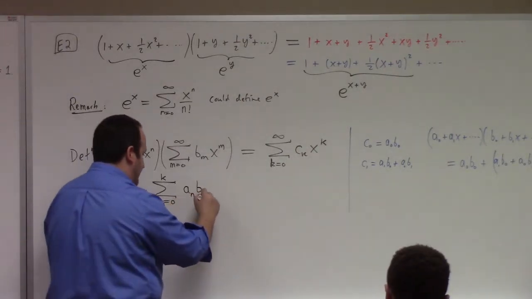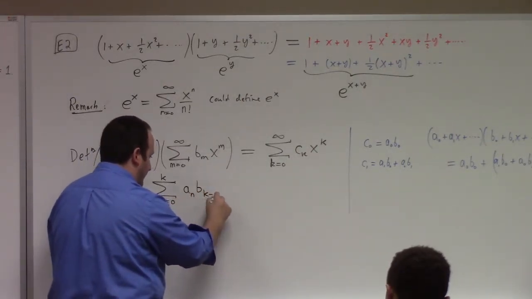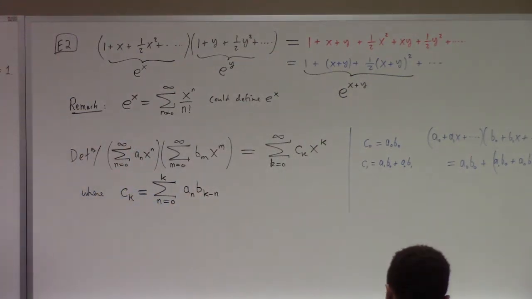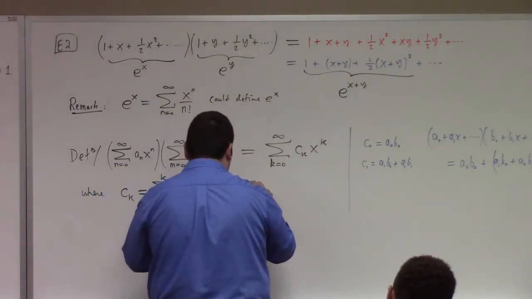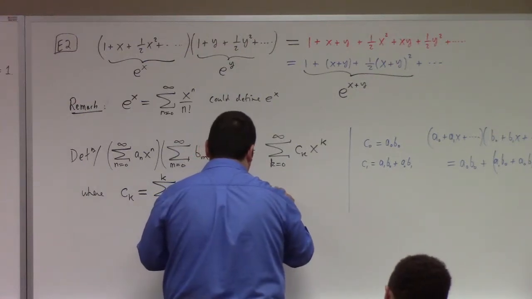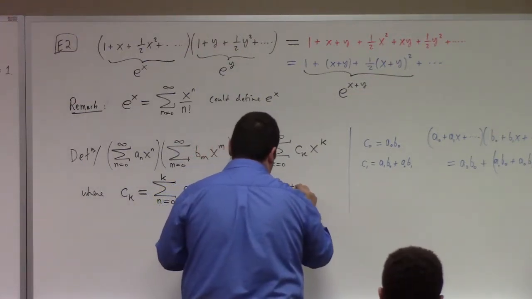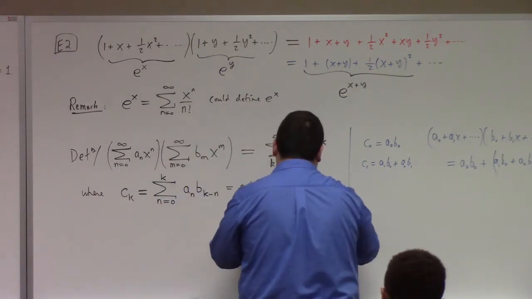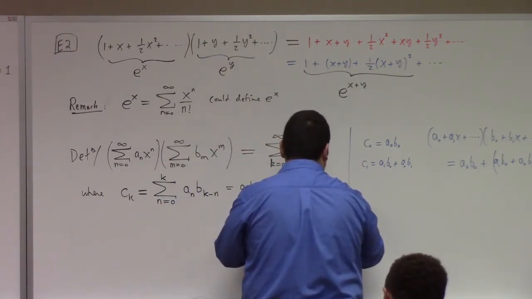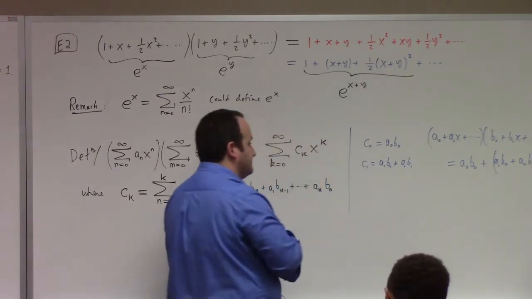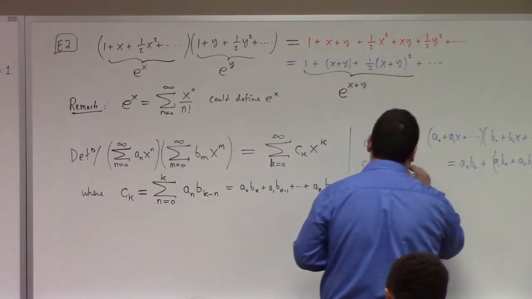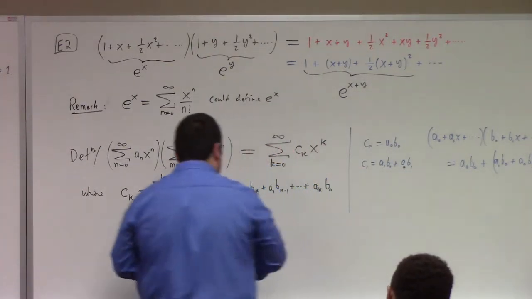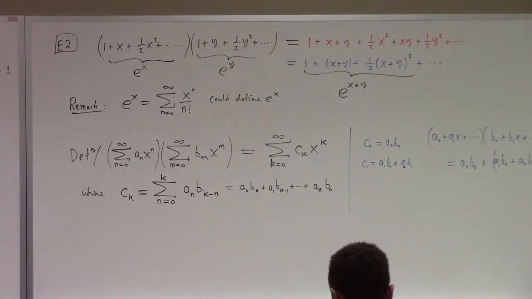I think if I put k minus n, that'll be exactly what we're looking for. What is this? That's a0 bk, plus a1 b sub k minus 1, plus dot dot dot, plus a sub k b0. I think that's the pattern that we've seen already for 0, 1, and 2.